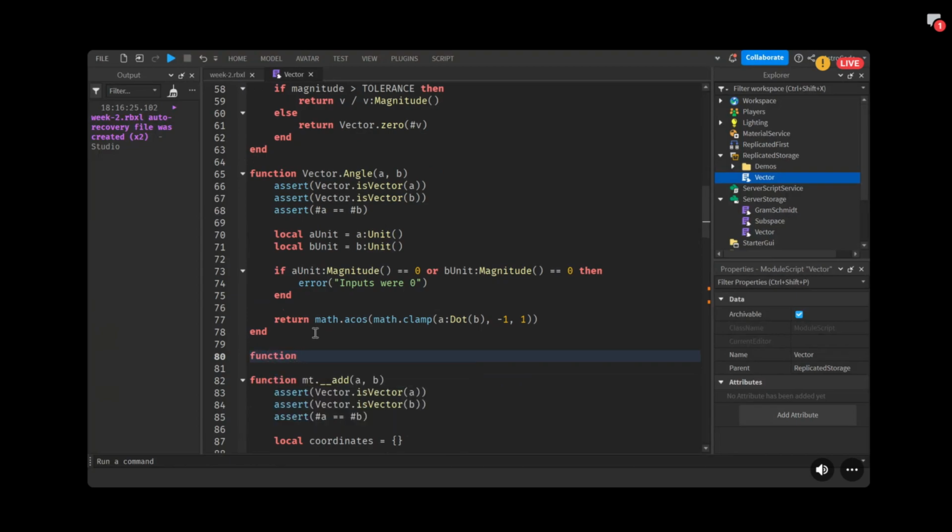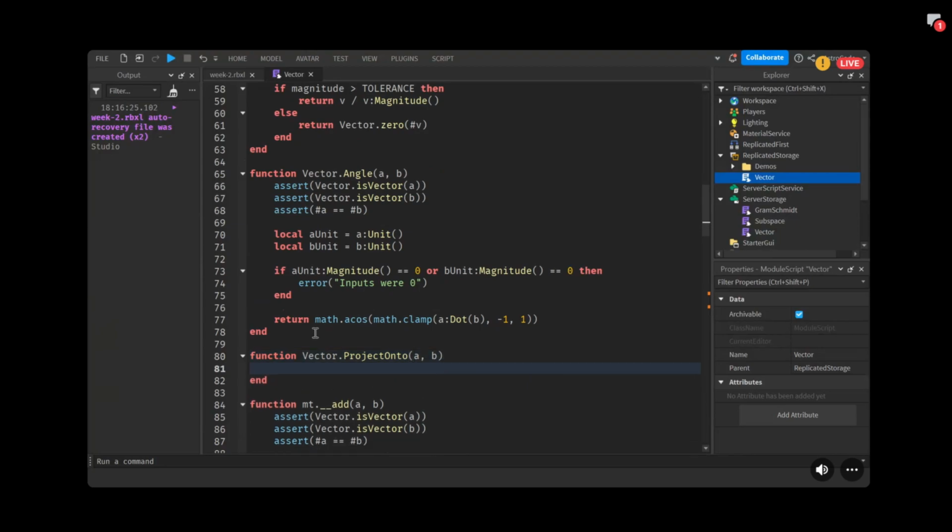All right, so we're going to write a project onto function. I'm going to take in two vectors, and we will just copy over what we just wrote. So it's going to be a dotted with b unit, times b unit.